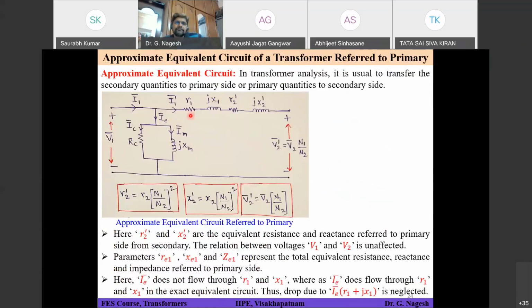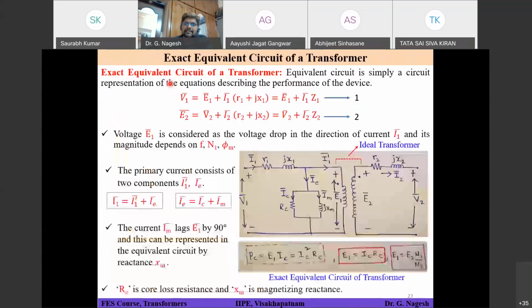So this is called the approximate equivalent circuit. The previous one which you have seen is called the exact equivalent circuit. Now we are going to see the approximate equivalent circuit. The difference between the exact and the approximate equivalent circuit is the shunt branch, which is adjacent to your winding or the core. I am trying to move it close to the voltage V1.